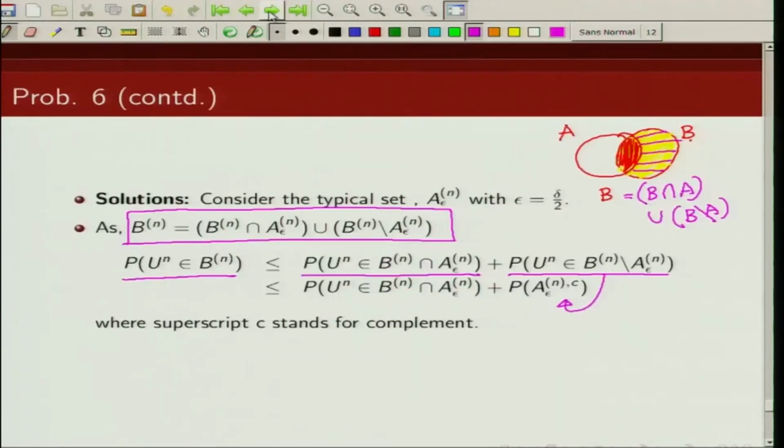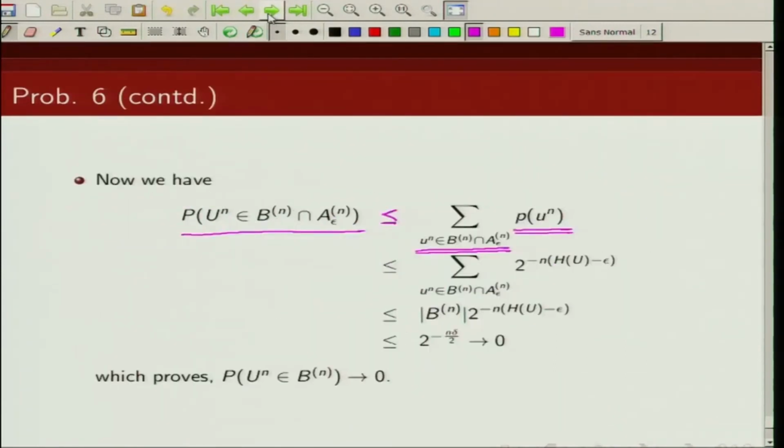So the probability can be upper bounded by 2 raised to minus n(H(U) minus epsilon), summing over this particular set. When I sum over this set, I can write this as less than or equal to the cardinality of this set multiplied by this probability.